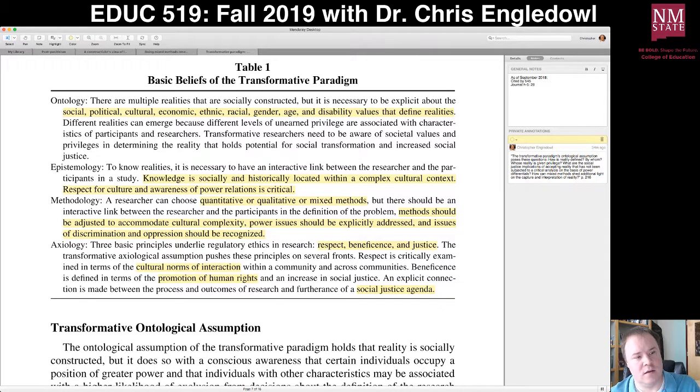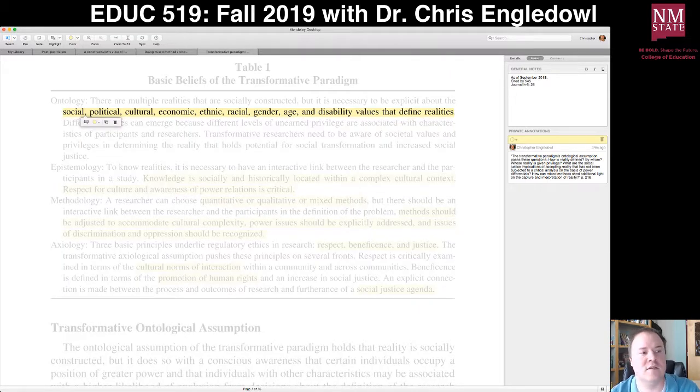But the thing that is more explicit about this is that there are differences in social, political, cultural, economic, ethnic, racial, gender, age, and disability values, and those define realities. So that is the focus of the transformative paradigm, and I would say we probably shouldn't limit it to this list. This list will grow as we learn about other areas in which there are power differentials that oppress people.